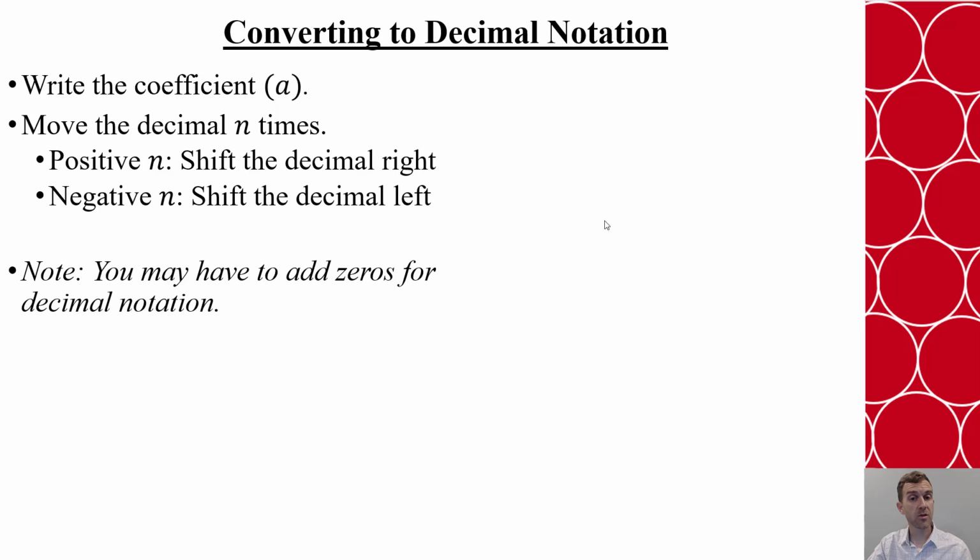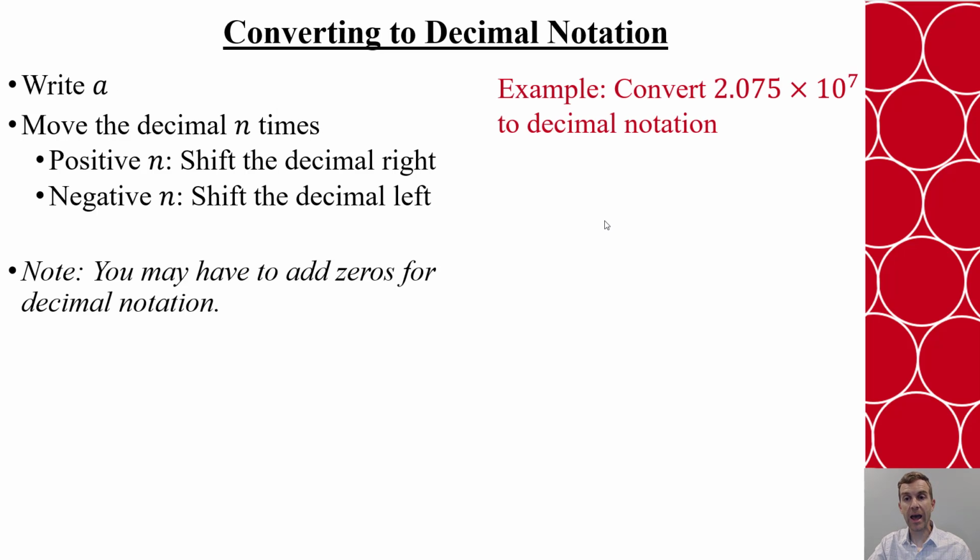Now, what if I want to go the other way and start with scientific notation and convert to decimal notation? I'm going to start with my coefficient, and then I'm going to use my exponent to help me shift the decimals so that I get my entire number. So here I have 2 and 75 thousandths times 10 to the 7th. That means I'm going to move my decimal to the right 7 times.